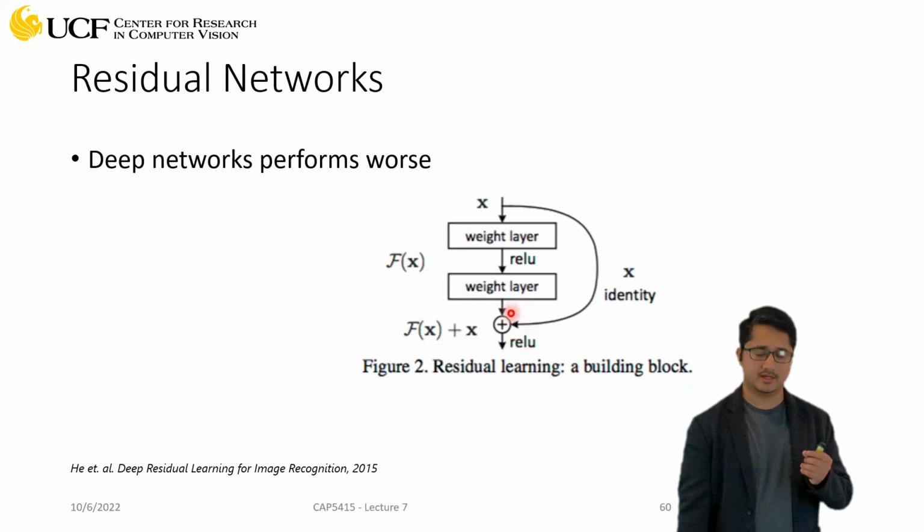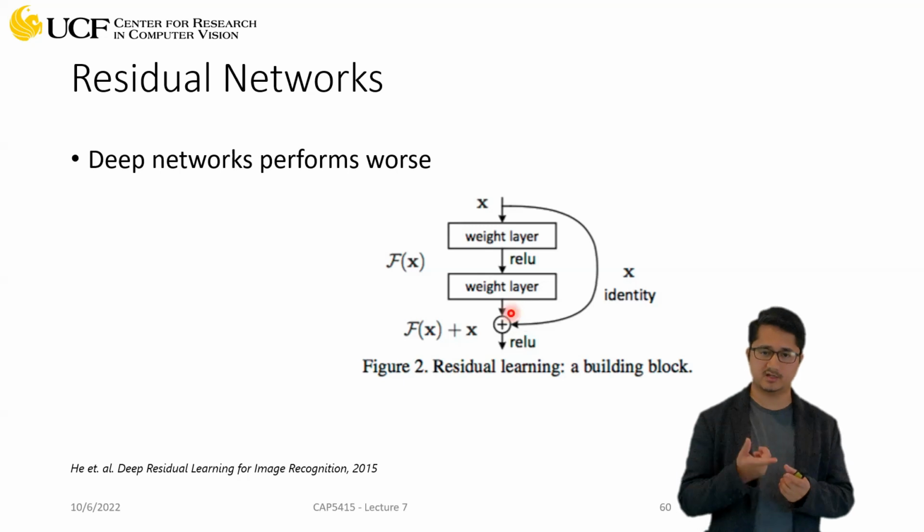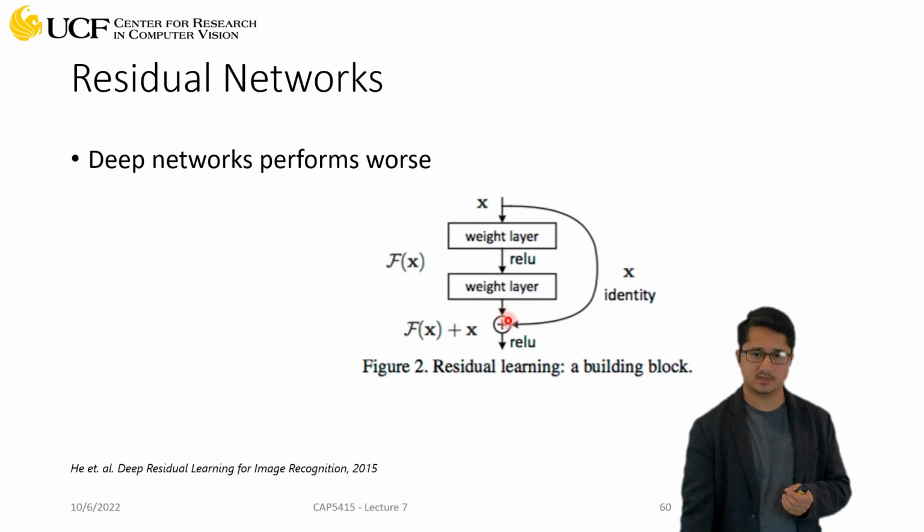Now let's try to understand why this is useful. As we discussed, the issue was that your gradients were vanishing or they were exploding, right? Now, what will happen in this particular case if your gradients are always flowing in the backward direction? It's backpropagation.